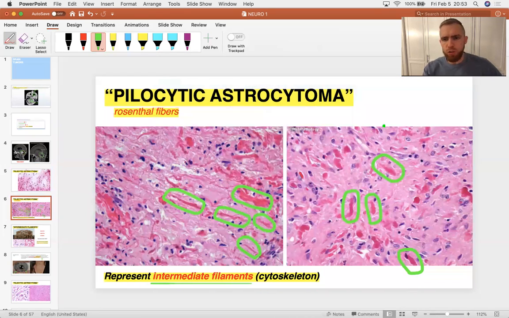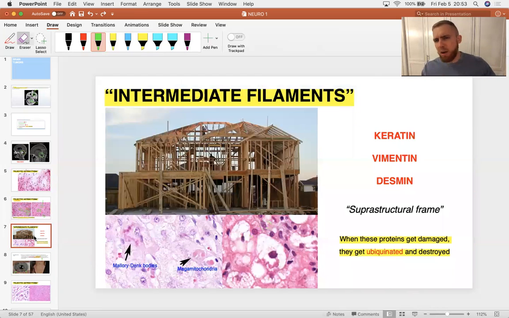Here are the Rosenthal fibers, outlined in green here. They are very eosinophilic, and they're essentially clumps or aggregates of intermediate filaments within the cell. Intermediate filaments are just the cytoskeleton of the cell, kind of like how your house has a frame to it. That's what these intermediate filaments are. They're keratin and vimentin and desmin.